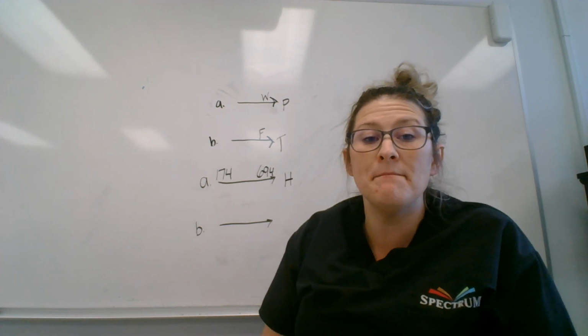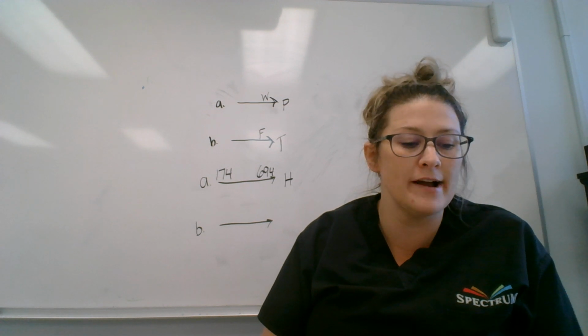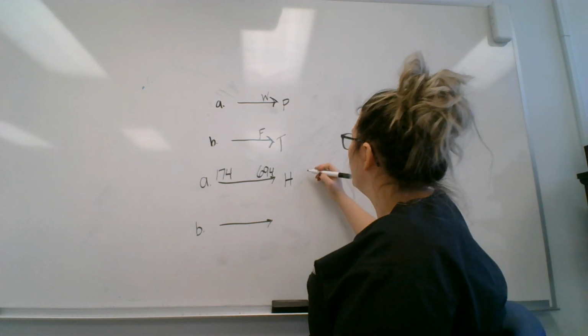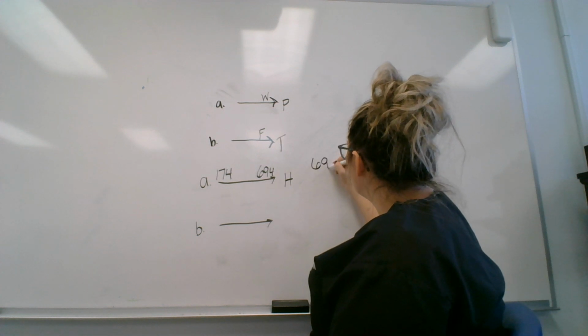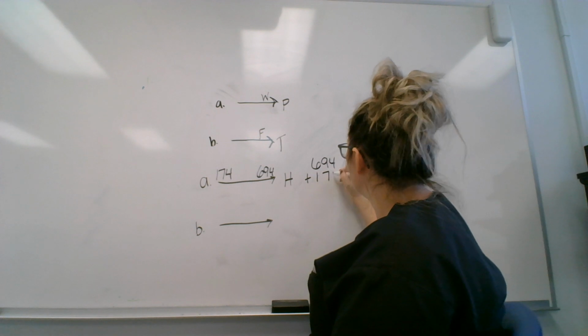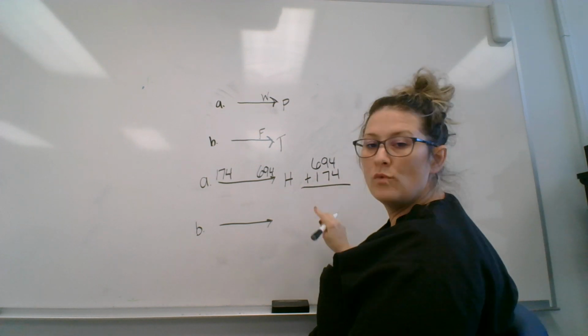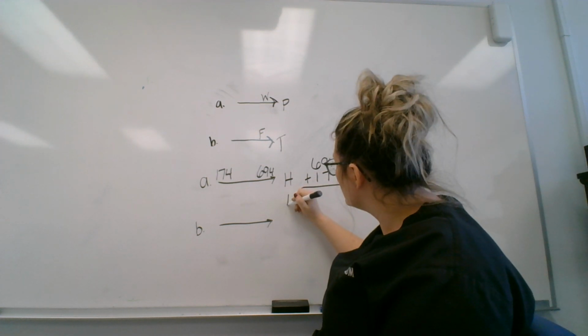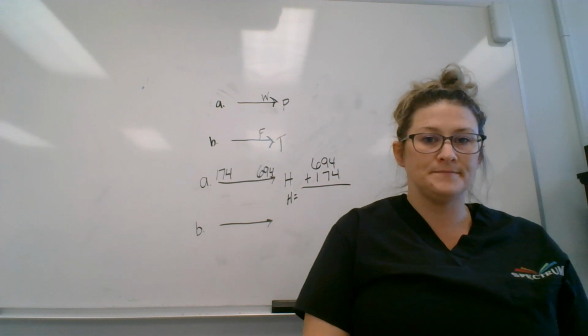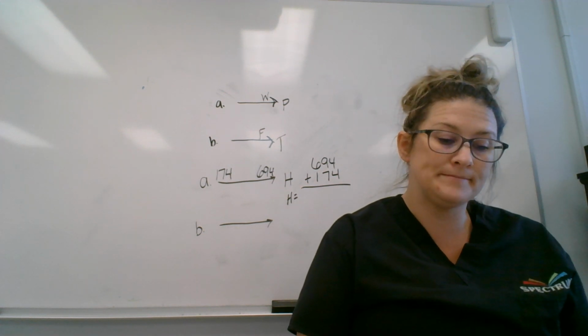Okay, I'm missing my big number, so am I going to add or subtract? I'm going to add 694 plus 174. Whatever this equals, H equals blank. Go ahead and solve.